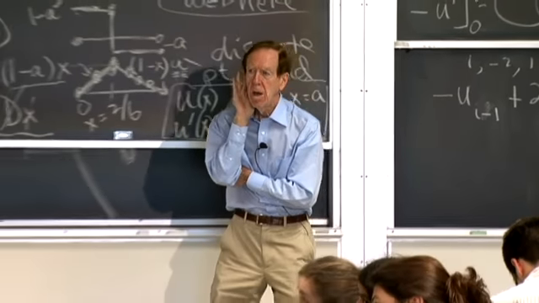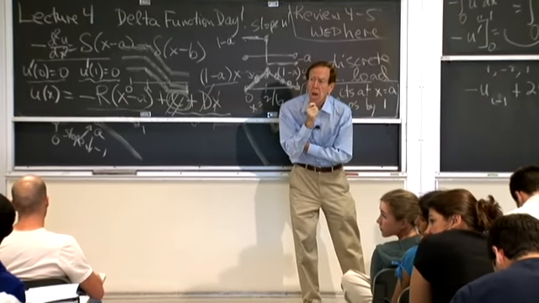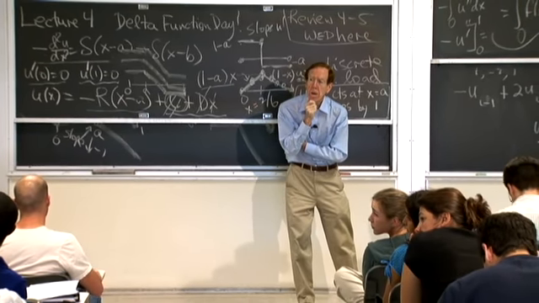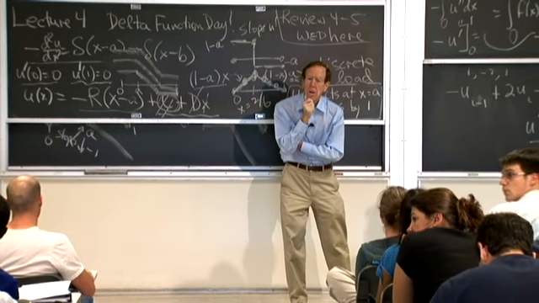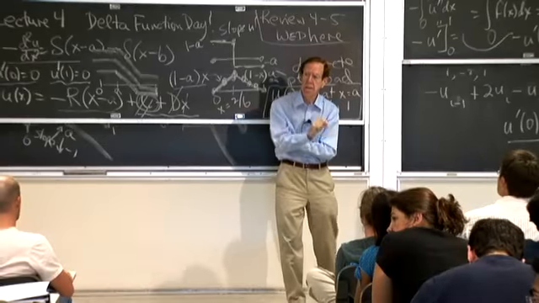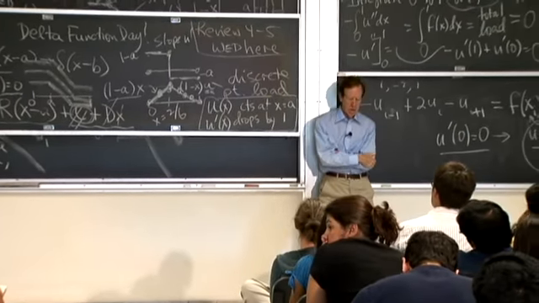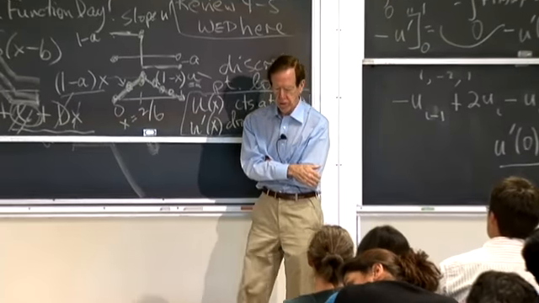What would it mean physically if the boundary conditions were both at the same point? Two boundary conditions at the same point? Ooh, that's a good question. So when would we have two?